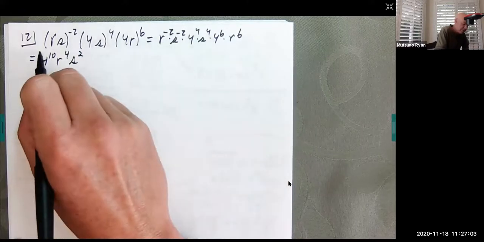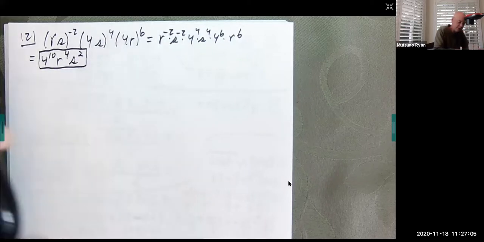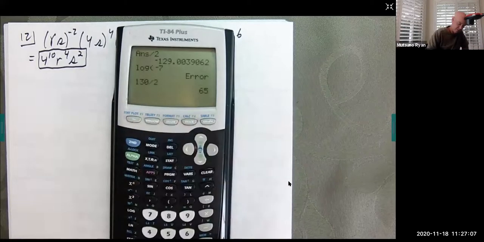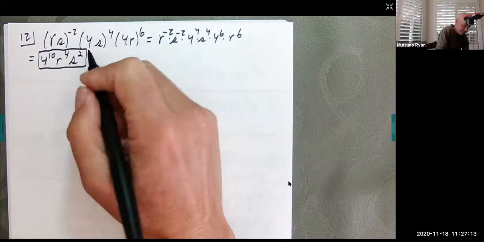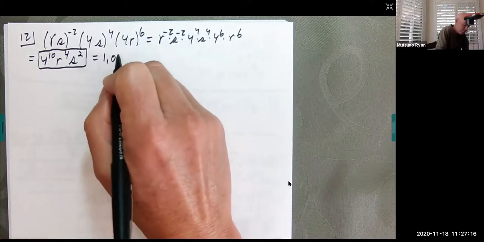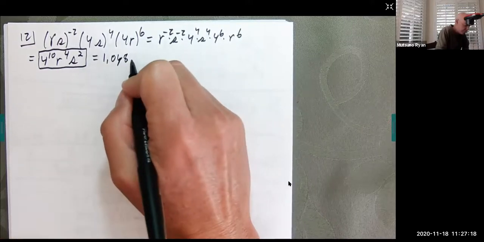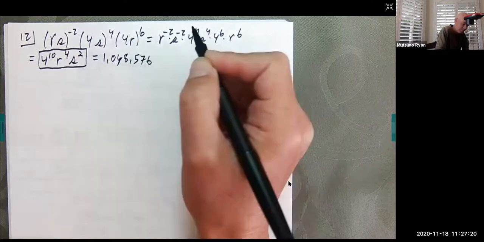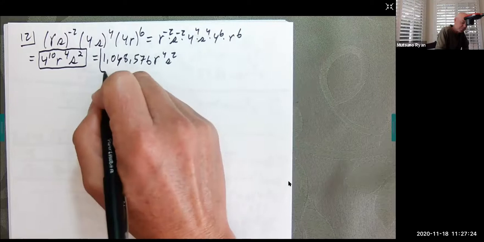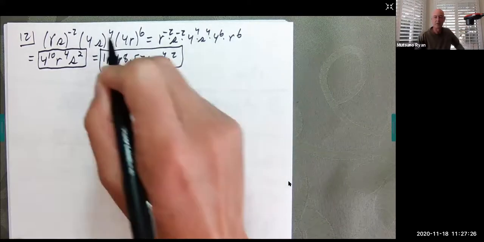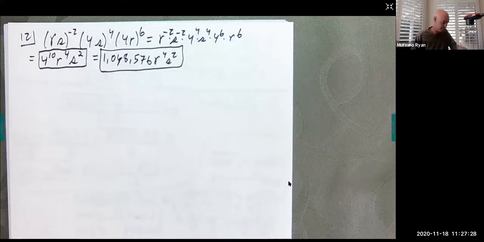This is fine for me, but they might actually multiply it out. It's going to be a big number. 4 raised to the 10th power. Ugh. It's over 1 million. And they put the big number in front.